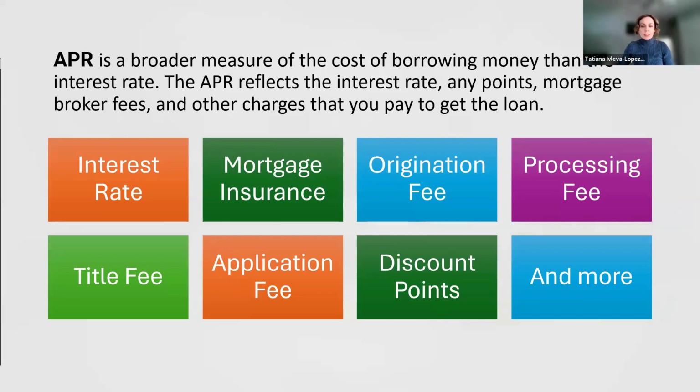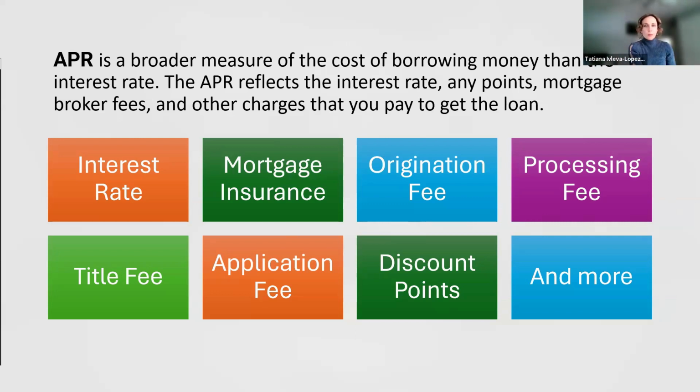That's correct, and basically we have to disclose APR with every quote that we provide on loan estimates, and APR could be used as a comparison when they compare other lenders.